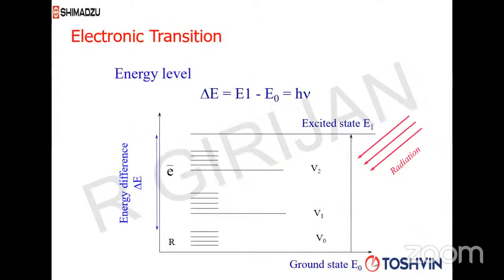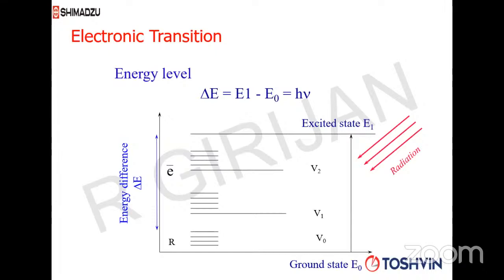Now, what is an electronic transition? Again, a molecule at standard conditions of temperature and pressure has a certain amount of energy associated with it. We call it the ground state energy, E0. Then assume that UV radiation is falling on this molecule.